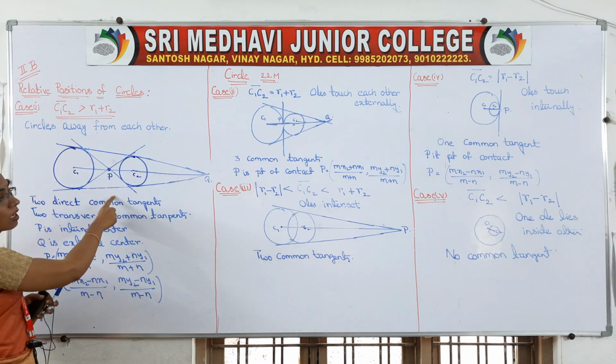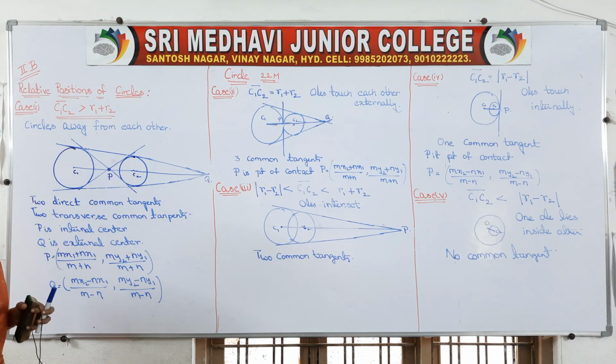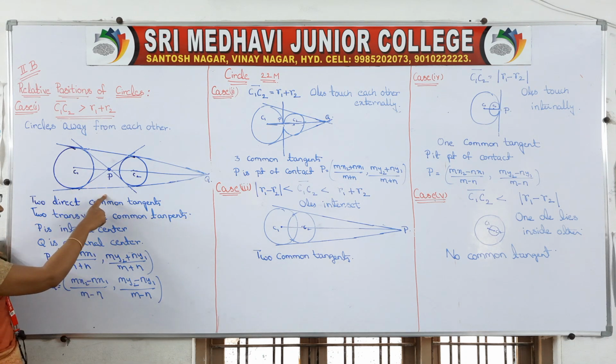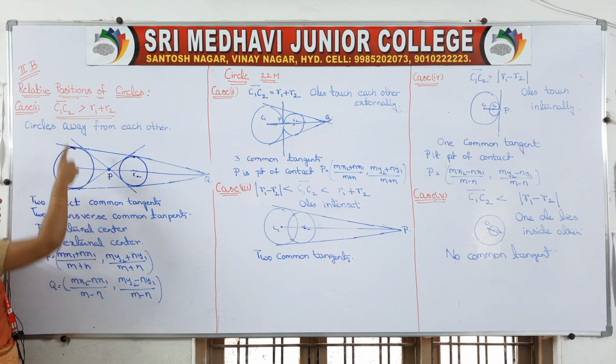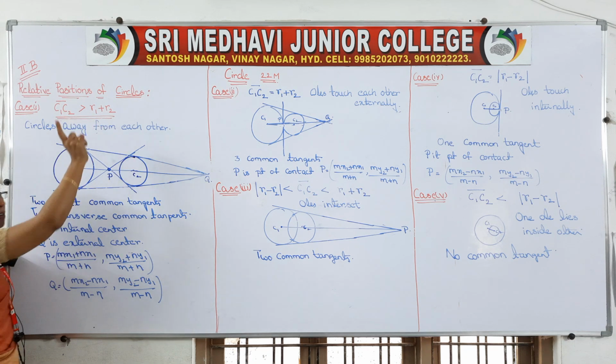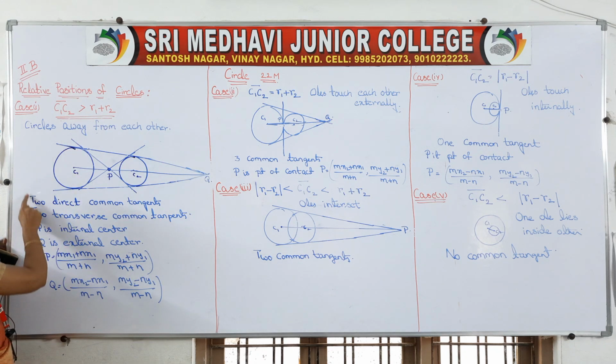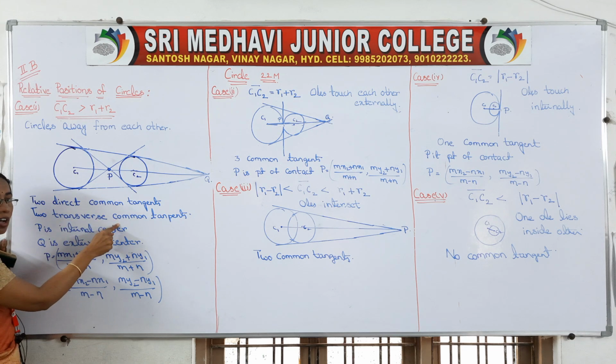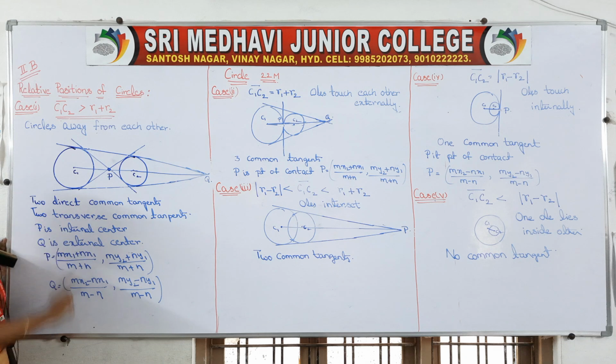Okay. Then come to the common tangents. How many common tangents are present in these cases? In the first case, if C1 C2 is greater than R1 plus R2, we will have totally 2 direct common tangents, 2 transverse common tangents. So, totally 4 common tangents will be there.